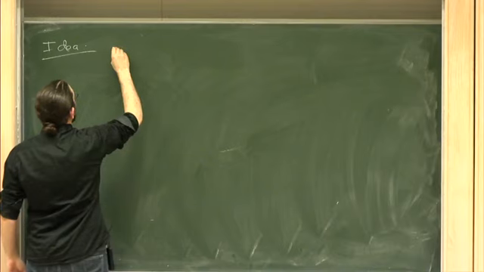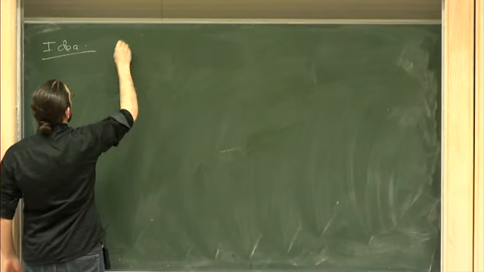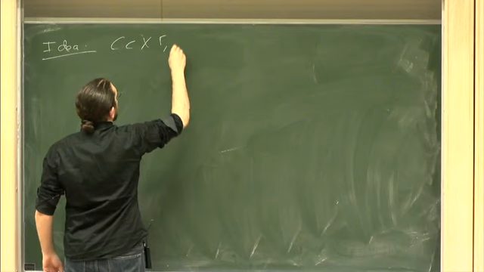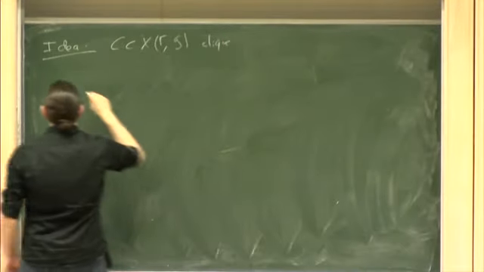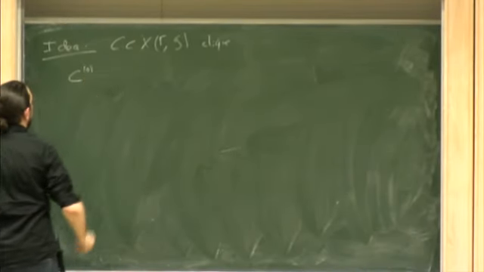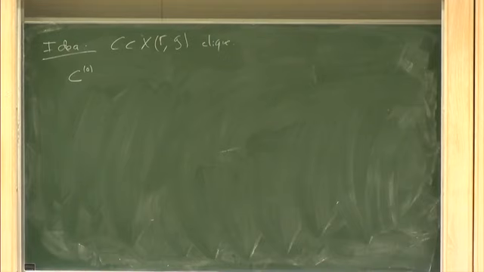So I take a clique C in X(Gamma G). Now the set of vertices of C is a set of elements of the group, because I am looking at a Cayley graph.